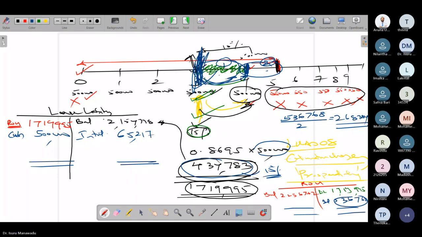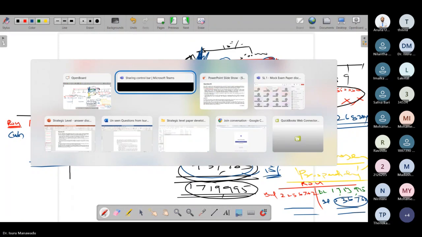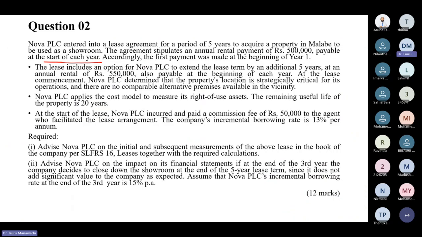So this is the answer for question number 2 part A. This is the answer for the subsection 2. Now you have seen the calculations. So you need to provide the calculations and all the activities that you have done should be explained because the action verb is advice here.